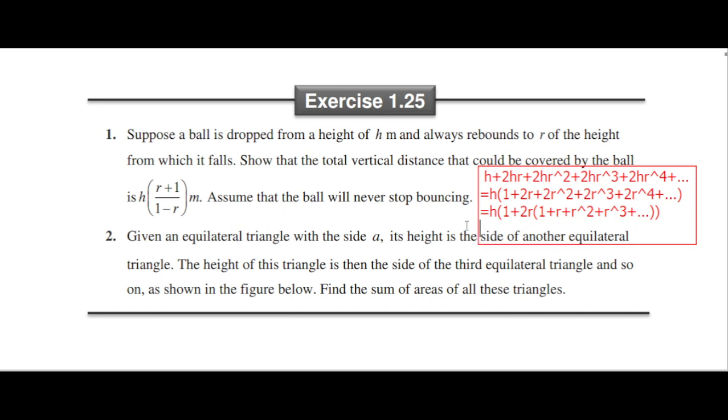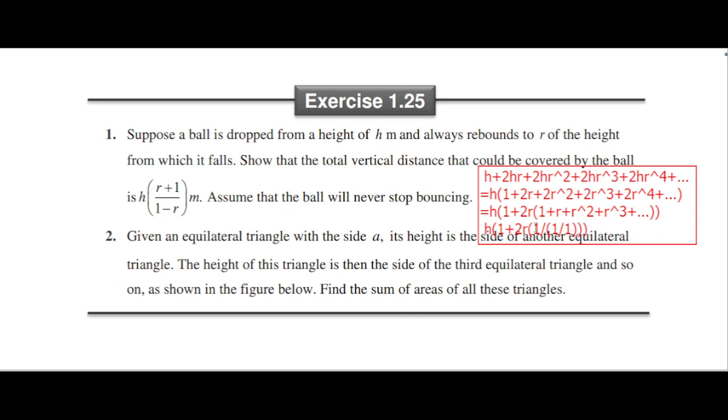Now this is a geometric series. We have h into 1 plus 2r times the series, where the first term is 1. What is the common ratio? The common ratio is r, so we use 1 over 1 minus r.